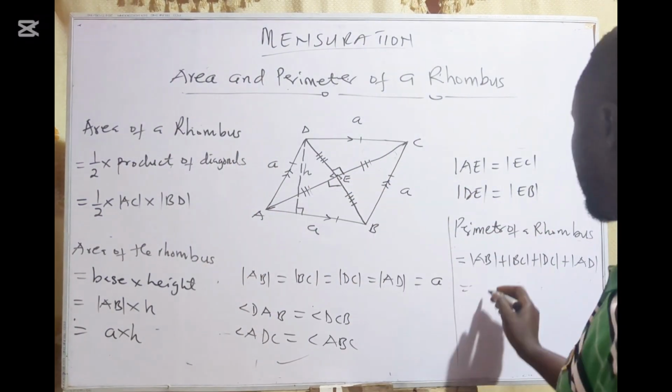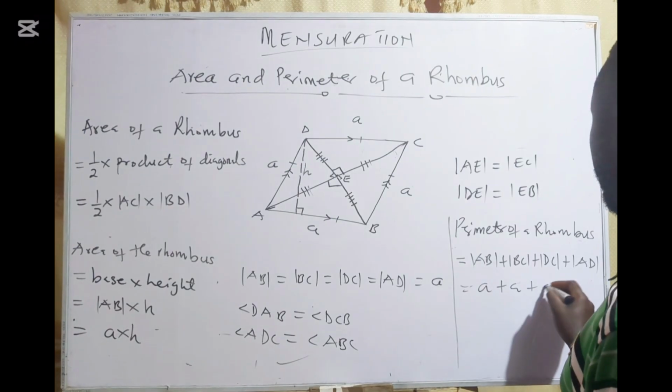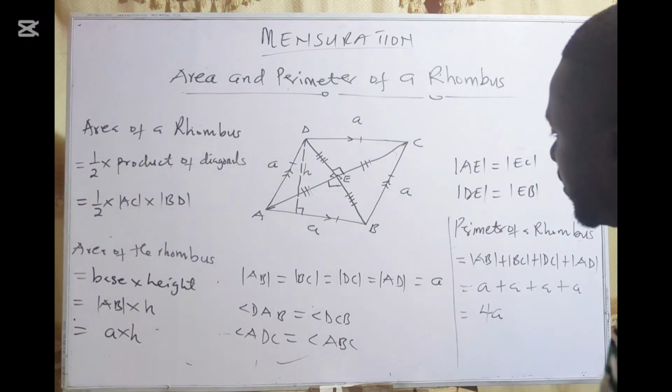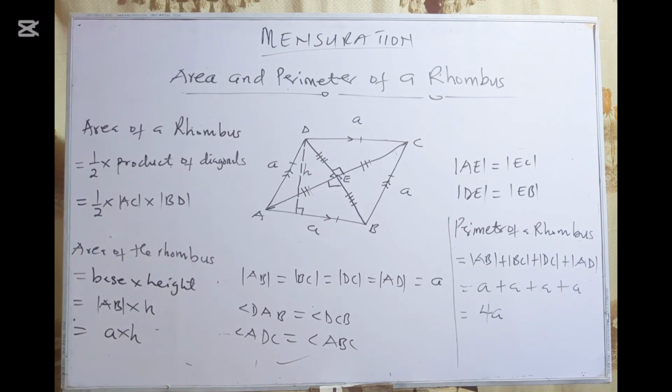All the sides, so a plus a plus a plus a, and that gives us 4a, like a square. So this is the perimeter of the rhombus. I believe you get it. Simple to do.